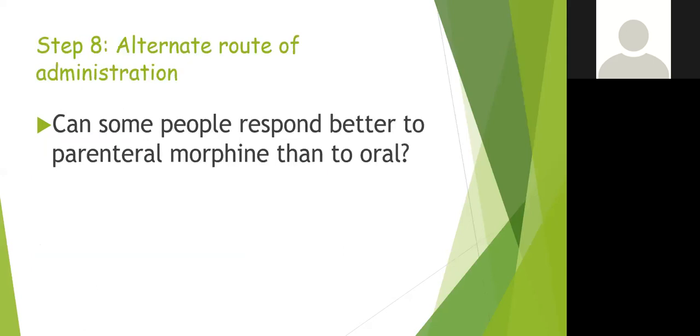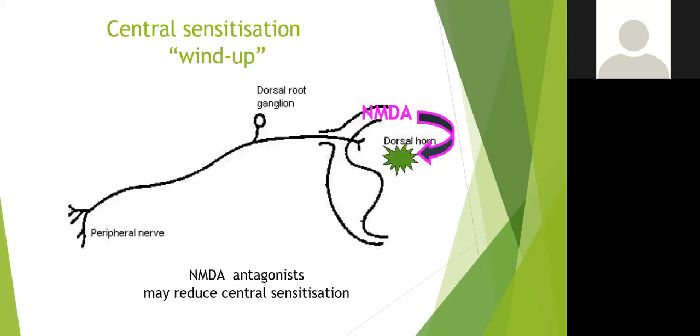Next slide. Okay. Step 8 to consider is alternate route of administration. Do some people respond better to parenteral morphine compared to oral? We always tell about the benefits of oral morphine. There are some situations where parenteral morphine is useful or better than oral morphine.